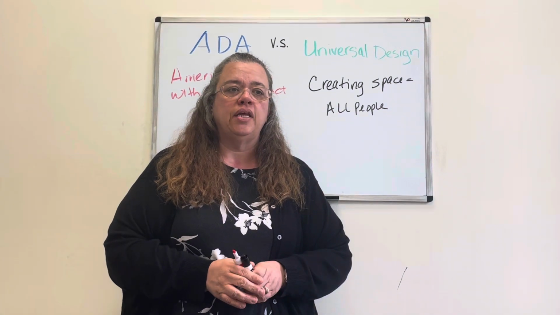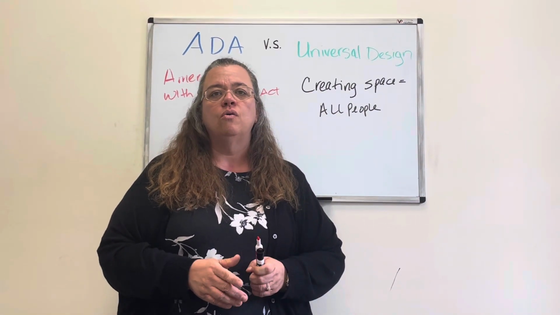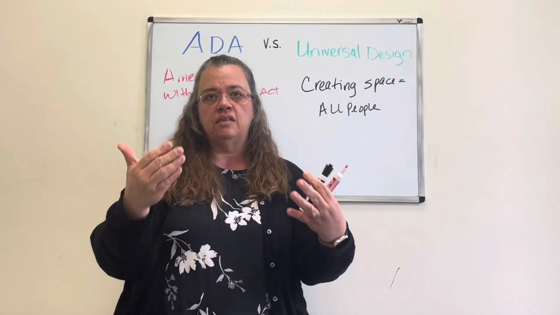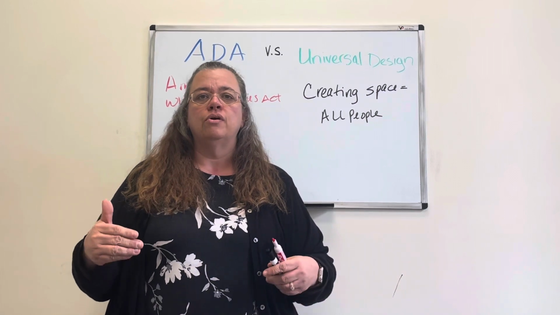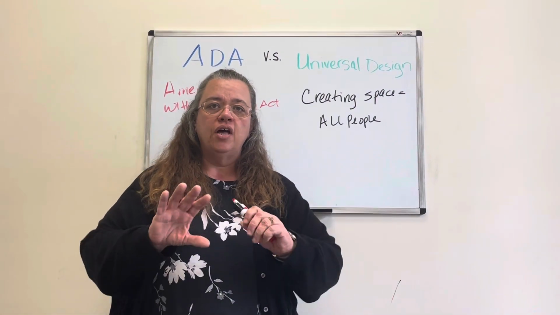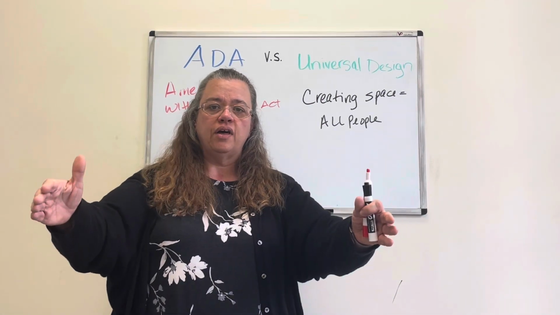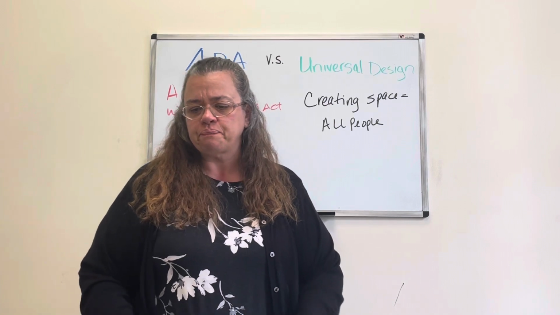So somebody in a wheelchair versus somebody walking versus somebody using a walker would all have access in the same way. So if you are building a new store or a new location for someplace, you would have large doors with no steps where everyone can enter the same way.